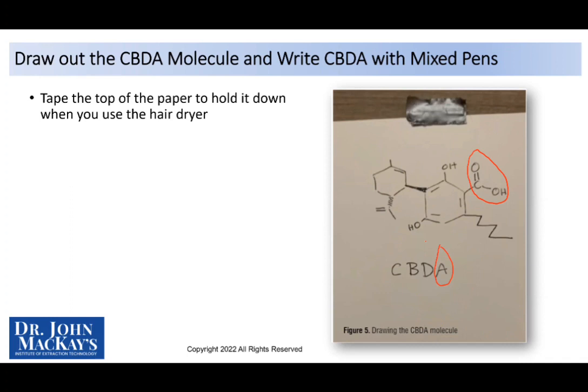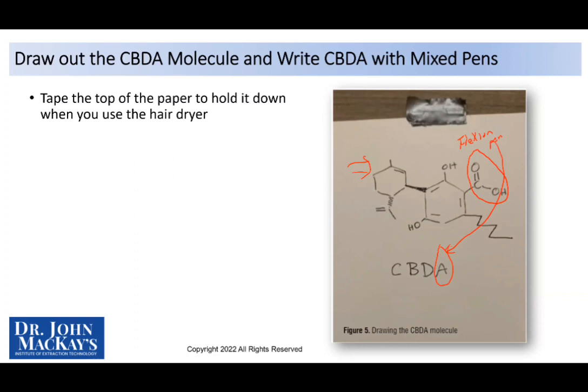If we write these two with the Frixion pen, and the rest of the molecule with a normal pen, the A also with the Frixion pen, then what's going to happen when you heat it is magic will occur.